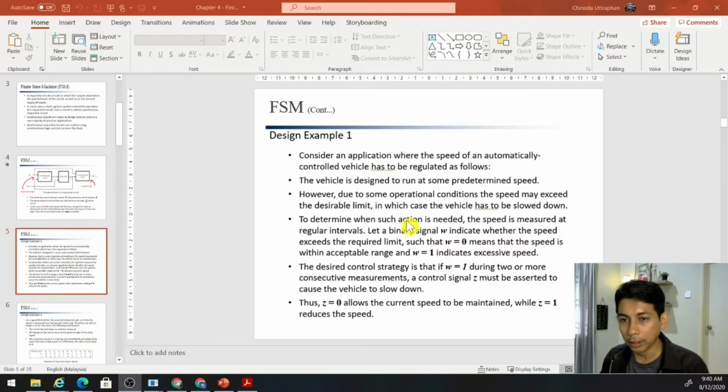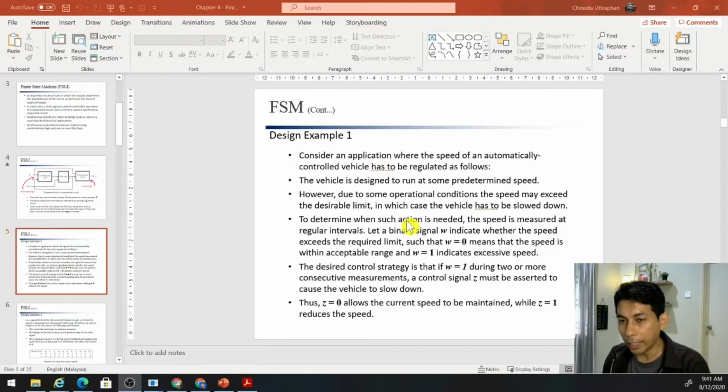We measure the speed of the car at a fixed interval. For example, every 5 seconds we measure the speed of the car, and if the speed is exceeding the speed limit that we have set, and it exceeds for only a very short time, the controller will not reduce the car speed yet.